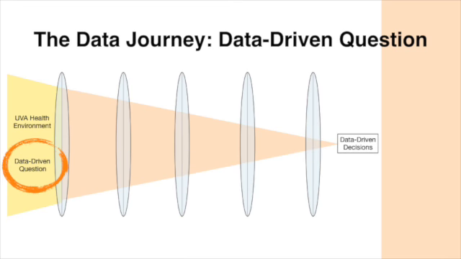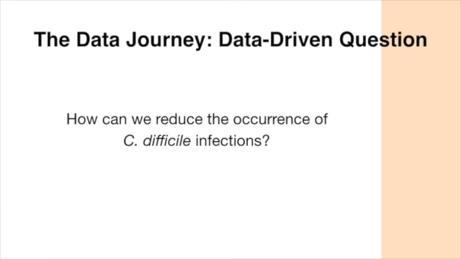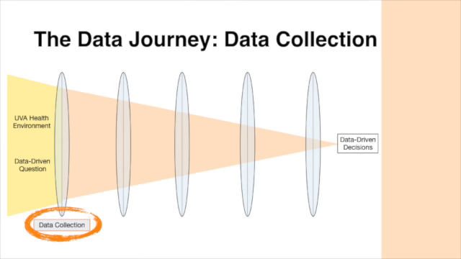At the start of every data journey is a data-driven question. When we are looking for a data-driven solution, we have to ask a question that can be answered with data. For today's example, we want to know, how can we reduce the occurrence of C. diff infections? To address this question, we have to collect our data.